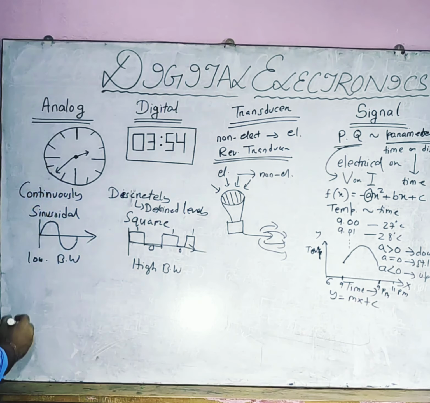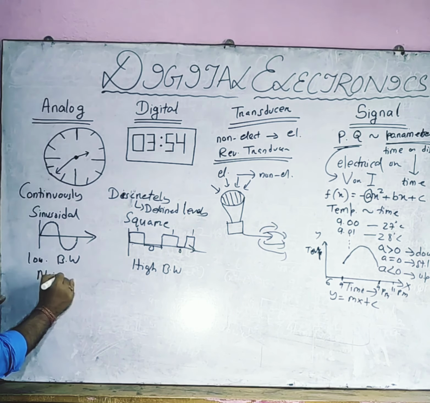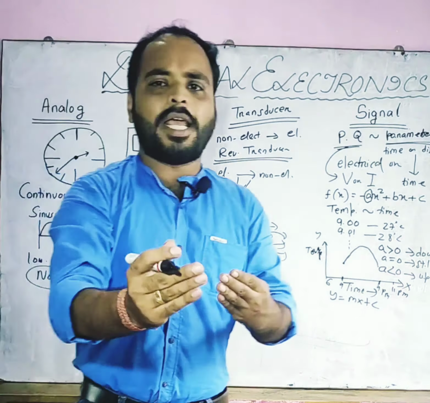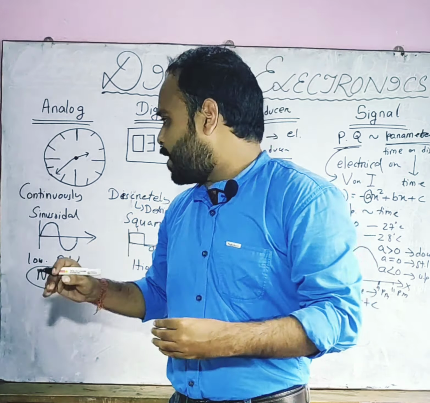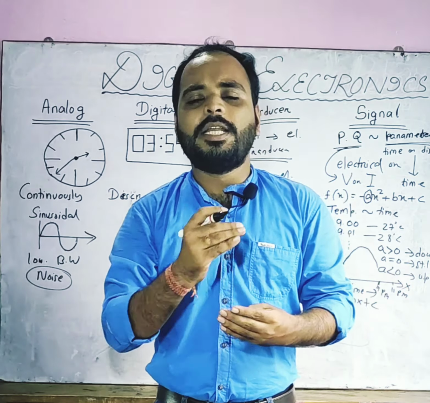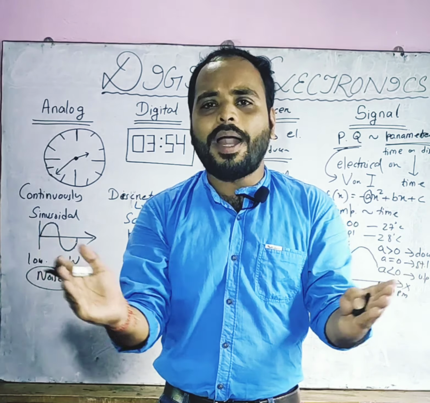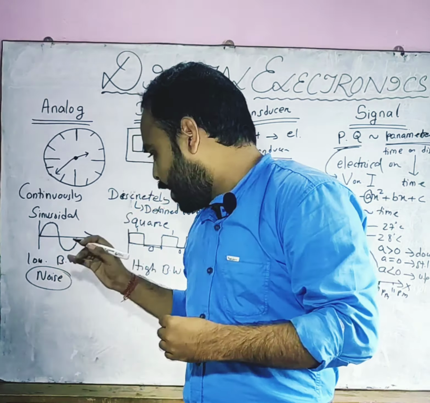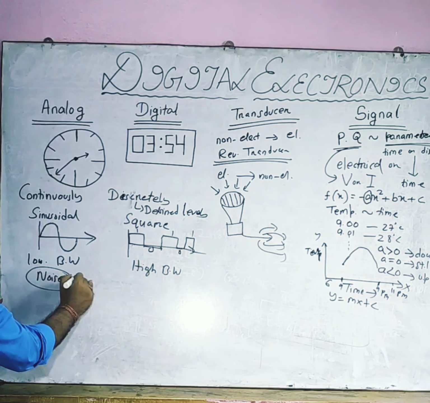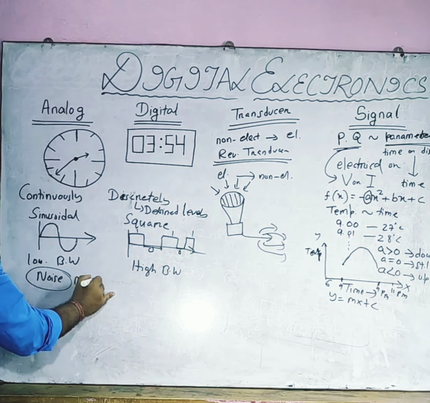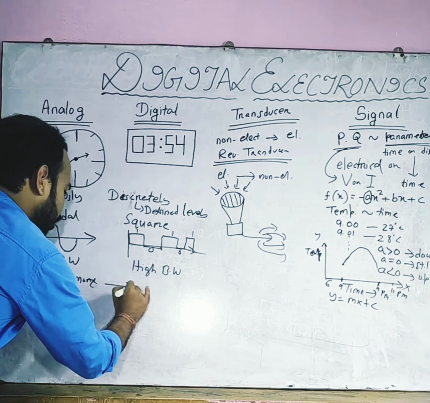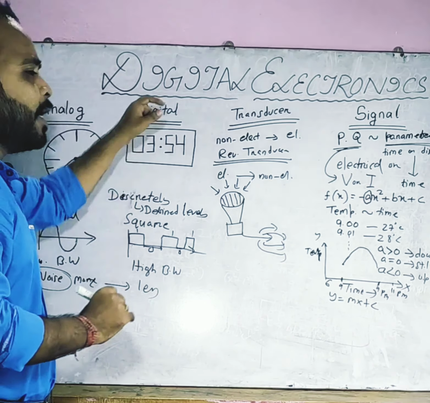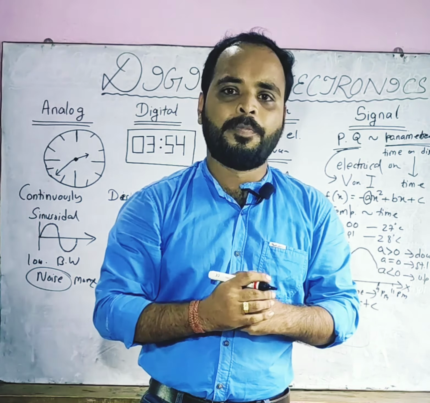In the analog signal, we have more noise. So first of all, let us say what noise is. Noise in electronics is defined as the unwanted signal or the disturbances produced in the signal. So we can say that the noise is more in the case of analog signals and very little in the case of digital signals.